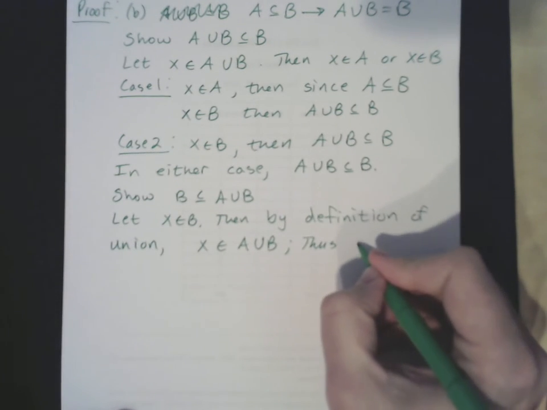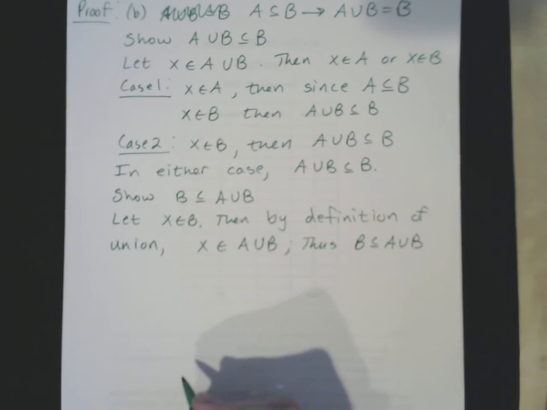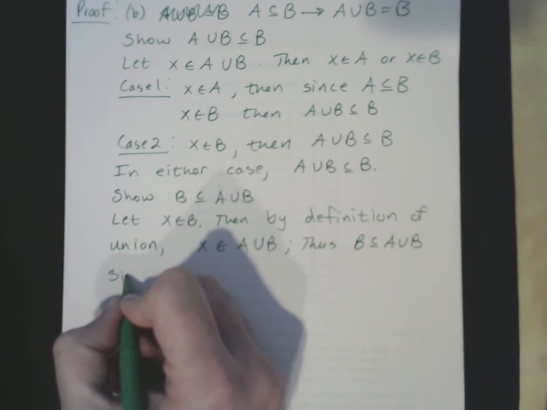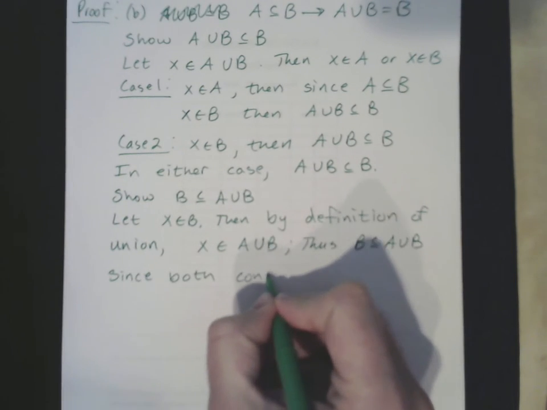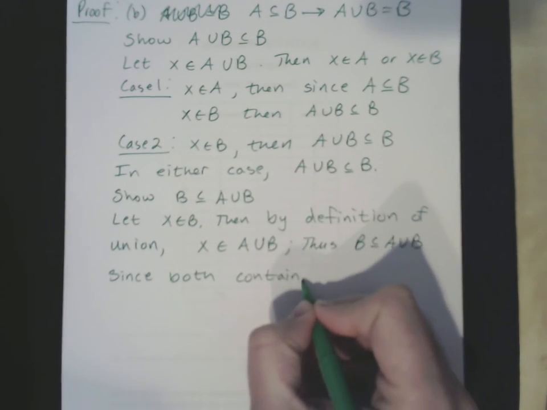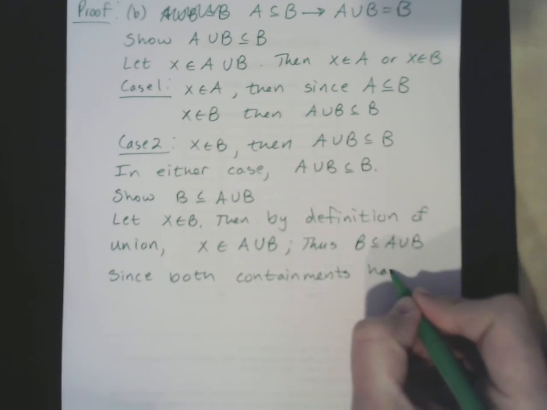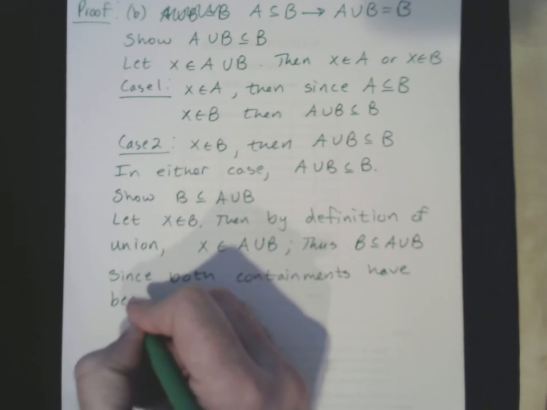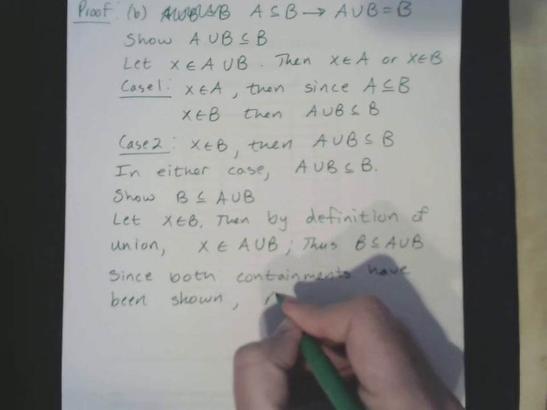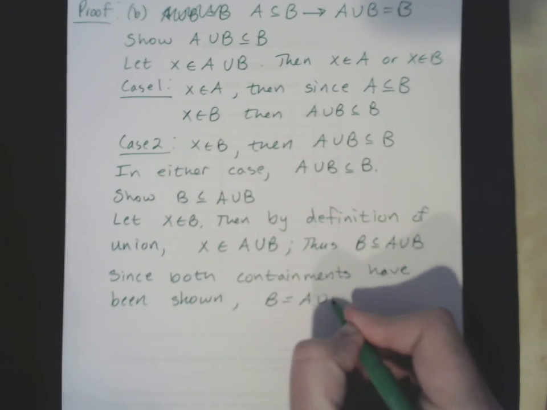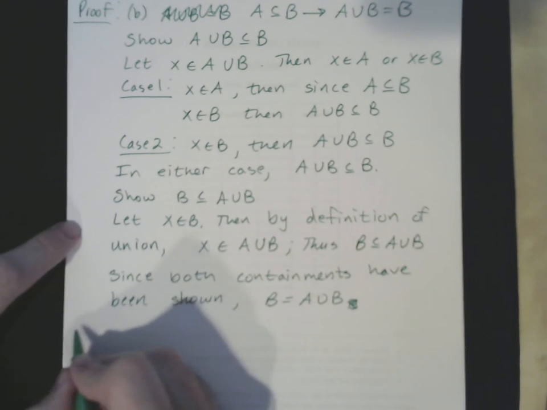Thus, B is a subset of A union B. And again, since both containments have been shown, B equals A union B. That's our proof.